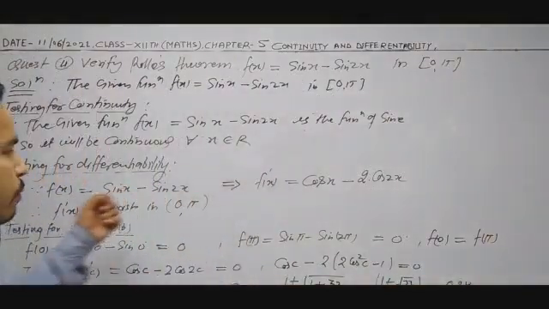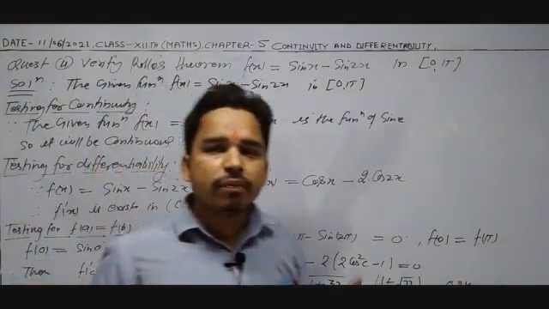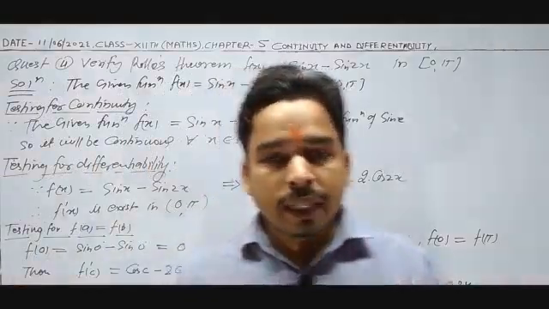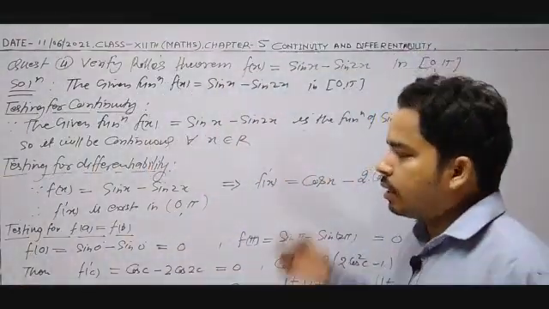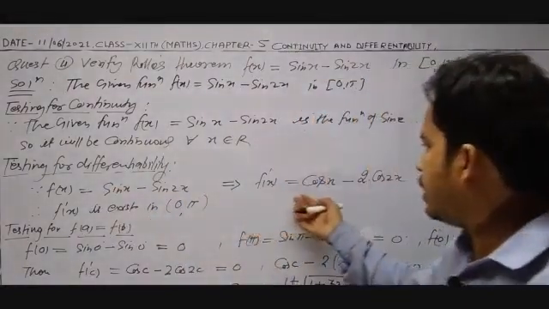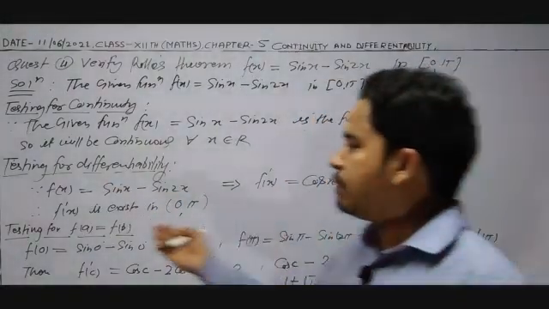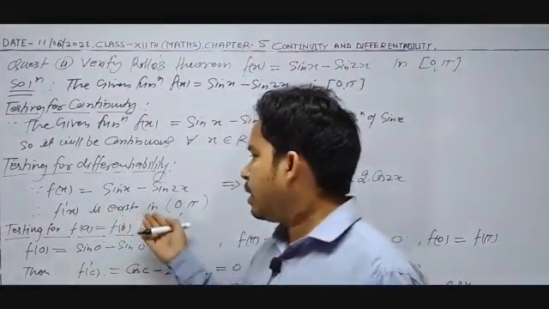Now testing for differentiability. f(x) is equal to sin x minus sin 2x, and we are able to differentiate this type of function. The differentiation result is f dash x is equal to cos x minus 2 times cos 2x. So f dash x exists in 0 to pi.